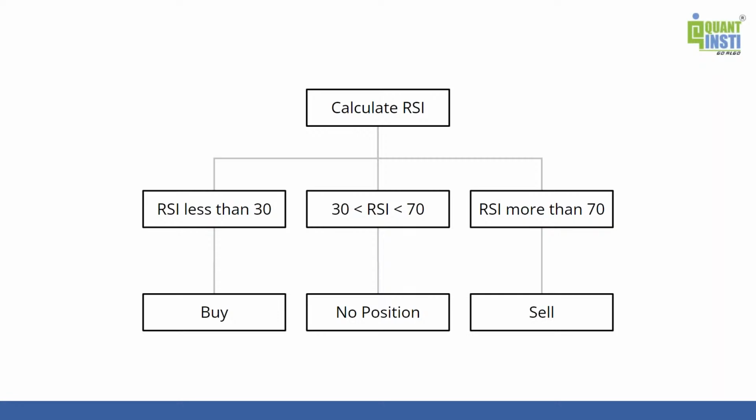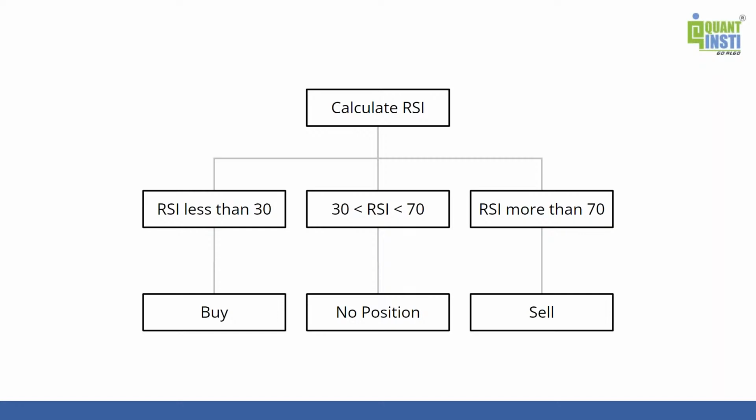So, in that way, you have created certain rules based on the technical indicator. Here, we have used the RSI indicator. So, just to recap, if the RSI level is less than 30, you would buy. If it is between 30 and 70, you would not take any position.